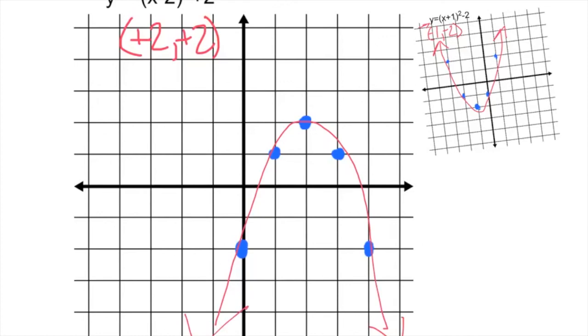So that's another way that we can use vertex form to find our vertex, to turn an equation into a graph real fast and simple. And we'll explore this further in the future, as well as finding mathematical ways to find our vertex and our axis of symmetry when it's in standard form instead of vertex form.